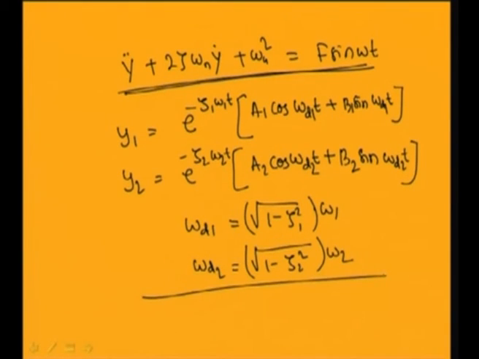So in this way you can find the response of the system. This is the free vibration response, the complementary part of the response, and then the particular integral part. So these y1 and y2 are the complementary part, and you can find the particular integral part also, p1 and p2.